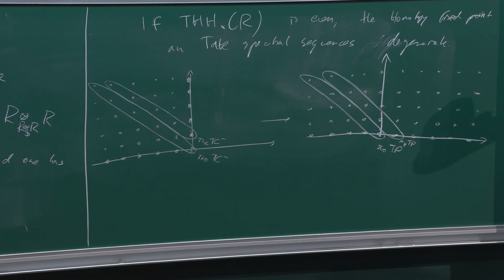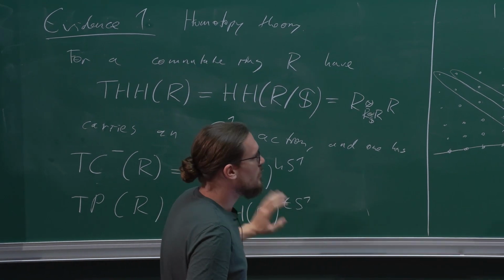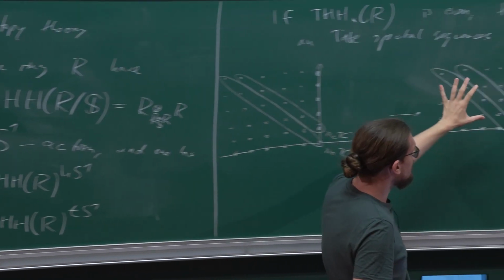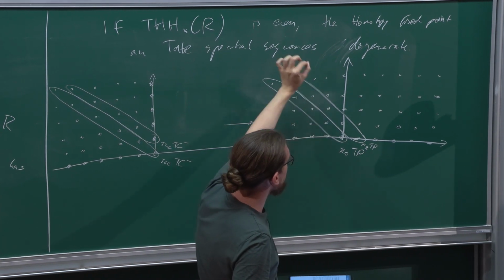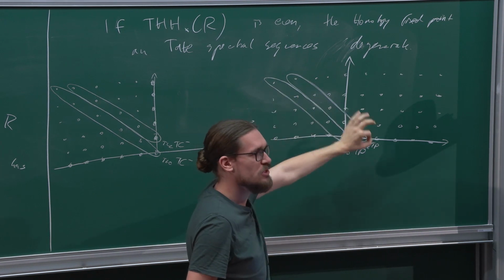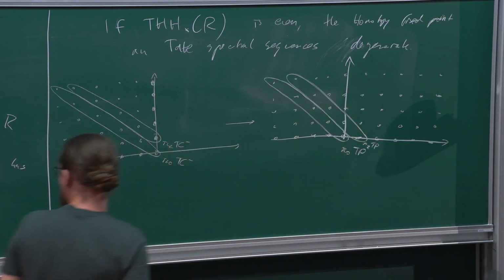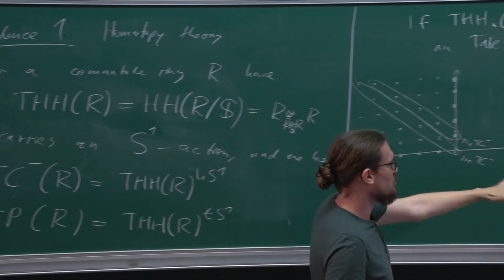Yes, so in general, this Tate spectral sequence is what's called conditionally convergent, but in the case where it's like an upper half plane spectral sequence and there are only finitely many differentials, that means that it's strongly convergent. So the filtration you have on the homotopy groups of the Tate construction is really complete.